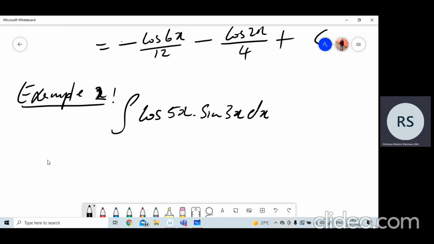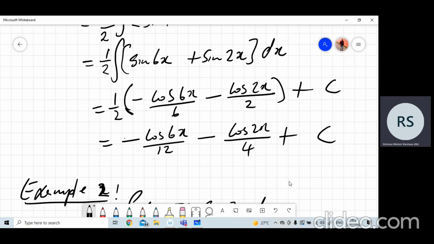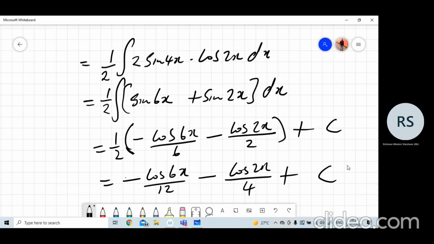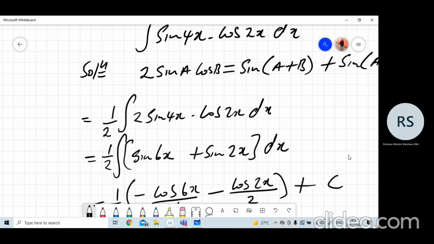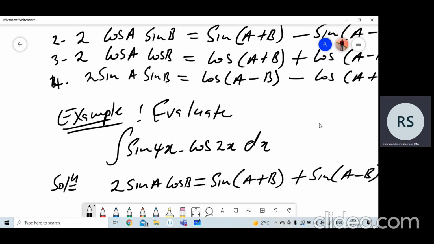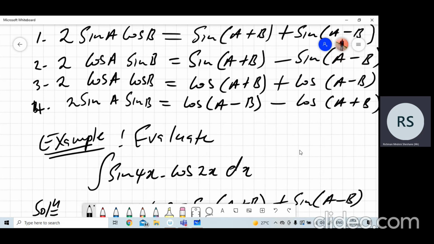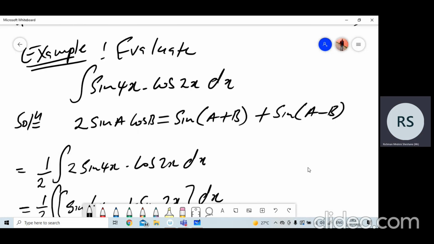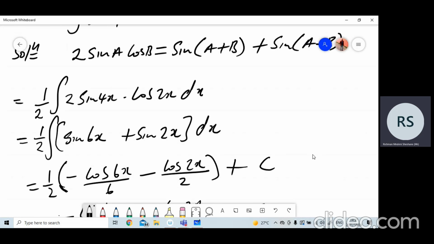For the product of sine and cos, you check which formula has the product of cos times sine and write it down. If we check your formula sheet, cos times sine, you see this is number 2. If you see the product of sine and cos, you go straight and take the formula according to the problem.